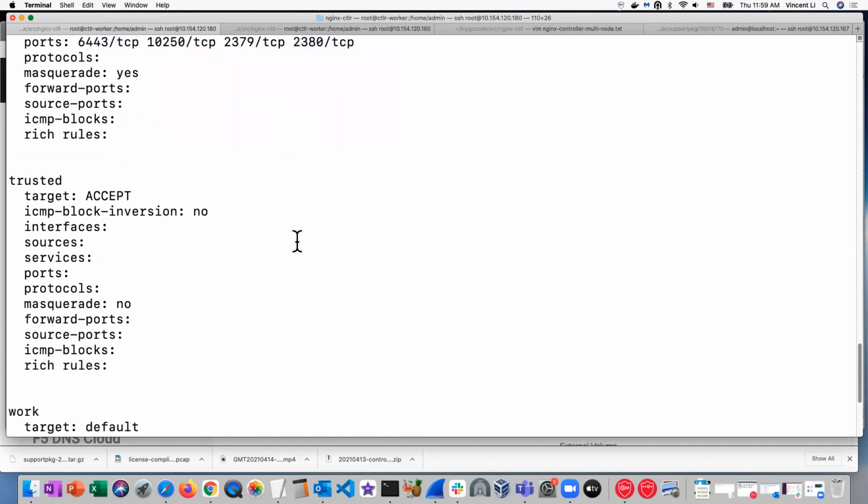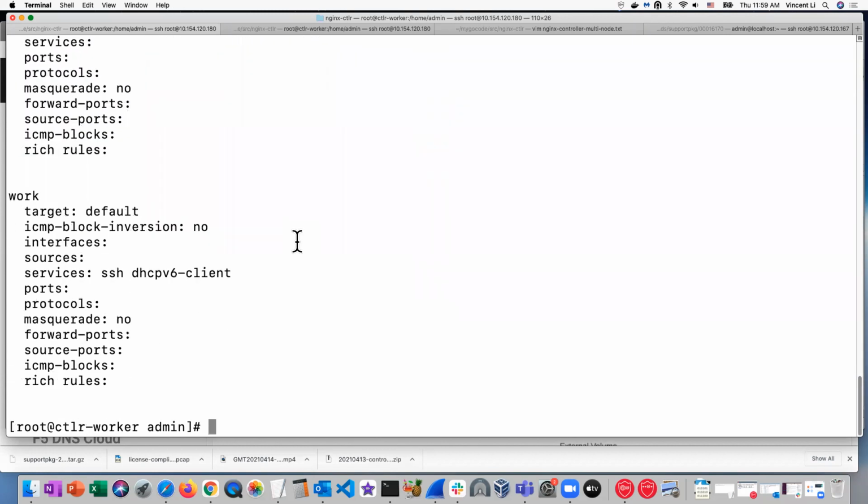We can confirm, since I have firewalld log deny enabled, and then we can see if there is a deny message, reject message for 8472.